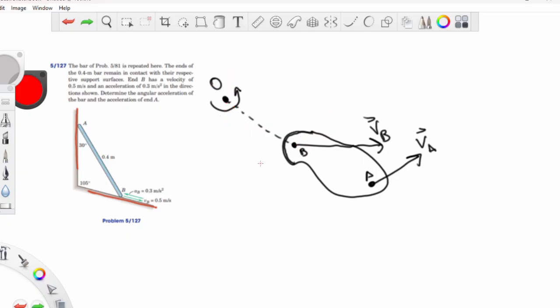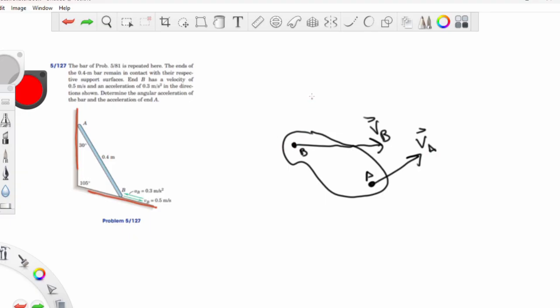To find the true point that could describe both velocities, we can consider the 90 degrees or the perpendicular direction that we just saw relative to the direction of the vectors VB and VA.